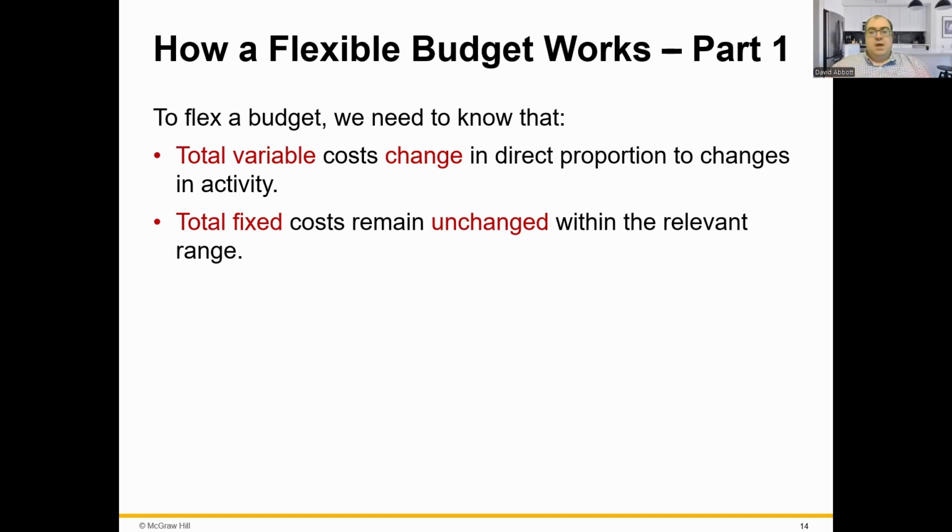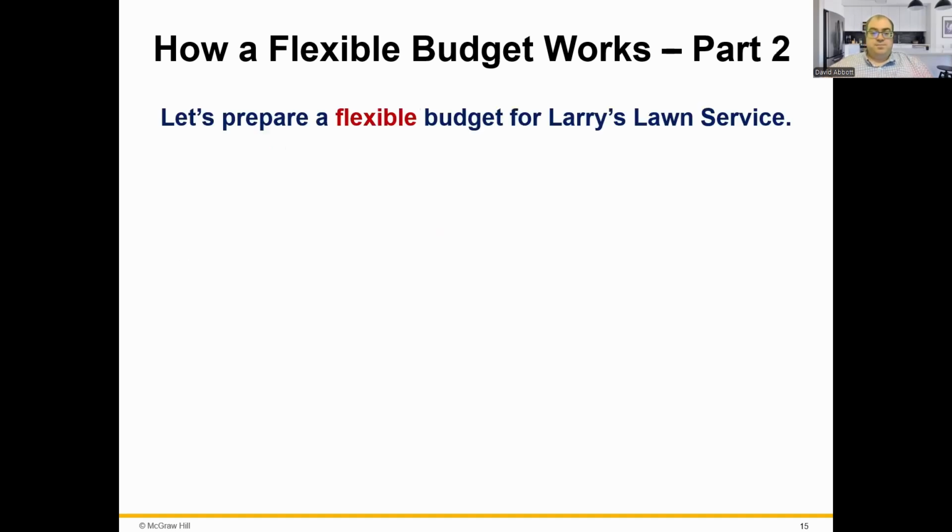If you're doing more, then obviously your variable costs are going to be more. Now, total fixed costs are going to remain unchanged within a relevant range. So his office rent is still going to be the same regardless of how many lawns he mows, for example. So now let's look at a flexible budget for Larry's lawn service.